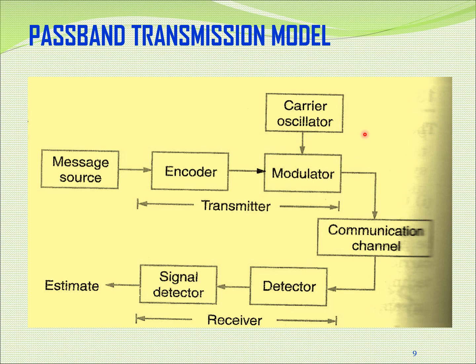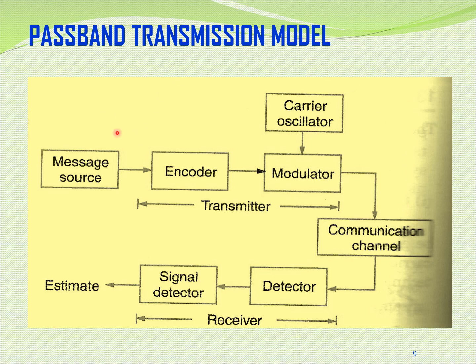Now, a fundamental passband transmission model. I told you earlier that without modulation the signal is called baseband, and for long distance communication we incorporate a modulator. If we see here, the source generates the message, which is encoded and modulated. For modulating, it needs a carrier signal, which is given by the carrier oscillator. After modulation, the signal is sent over the communication channel.